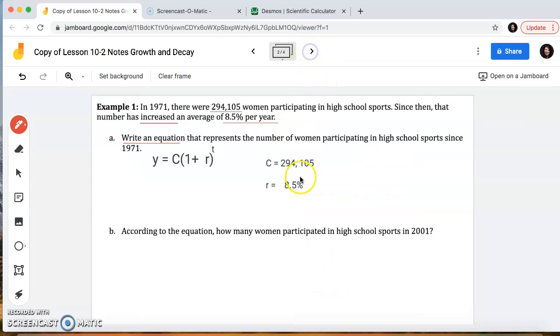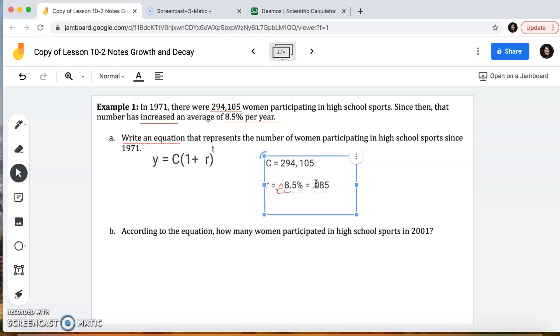That means we take that decimal point and move it over 2 places, and add a 0. So the rate we need to use is 0.085. And then the time, we don't know the time because it says 1971, but 1971 isn't a time, it's a year.